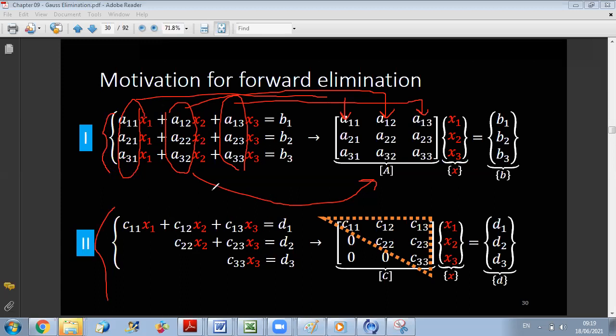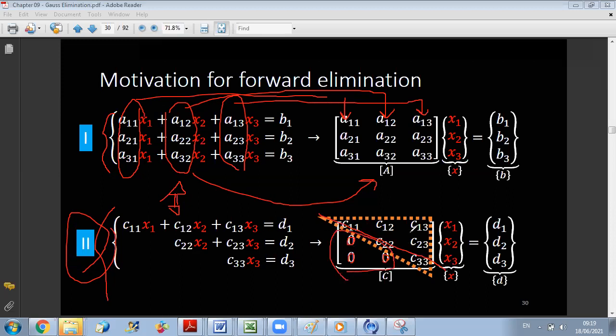So I want to find another system that is equivalent to this one, with the same solution for x1, x2, x3, but with different coefficients. How? If I can create a matrix with zeros at the lower level, this is called an upper triangular matrix, because below the diagonal I have zero elements.